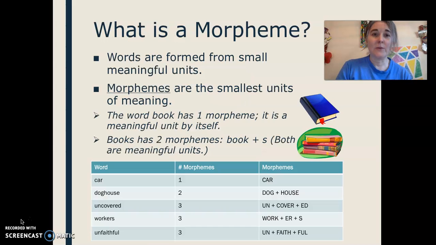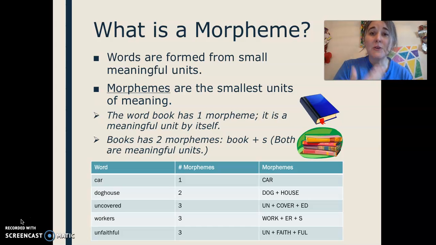As we continue, we will look specifically at what a morpheme is. It's the very smallest piece of a word that has meaning, the smallest unit of meaning. Words themselves can be a single morpheme, or they can be made up of multiple morphemes.